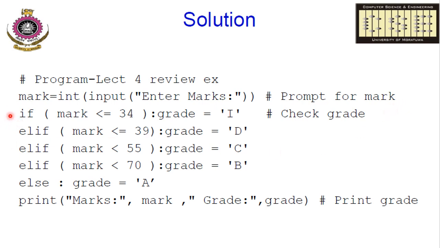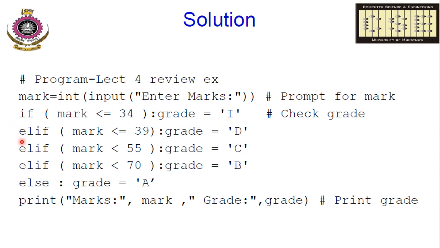Second line, straight away we have an if condition. What is it checking? It is checking whether the mark is less than or equal to 34. So if that condition is satisfied, we have another variable called grade to assign the grade, and grade will be assigned I if the mark is less than or equal to 34. So this is checking the grade and assigning the grade.